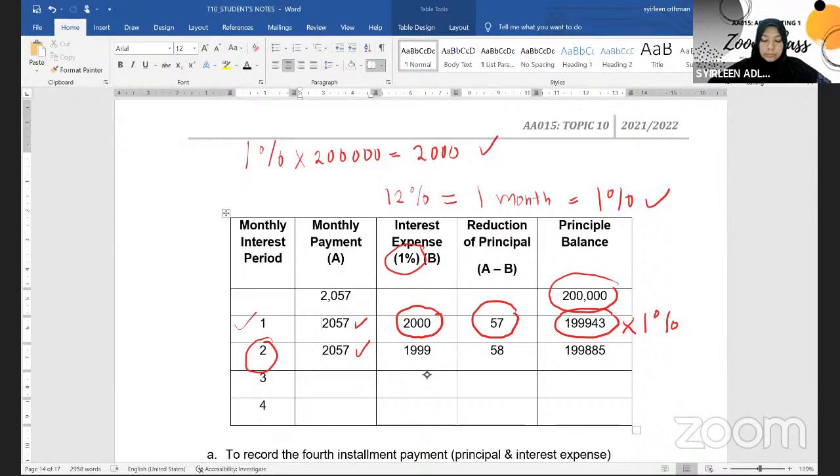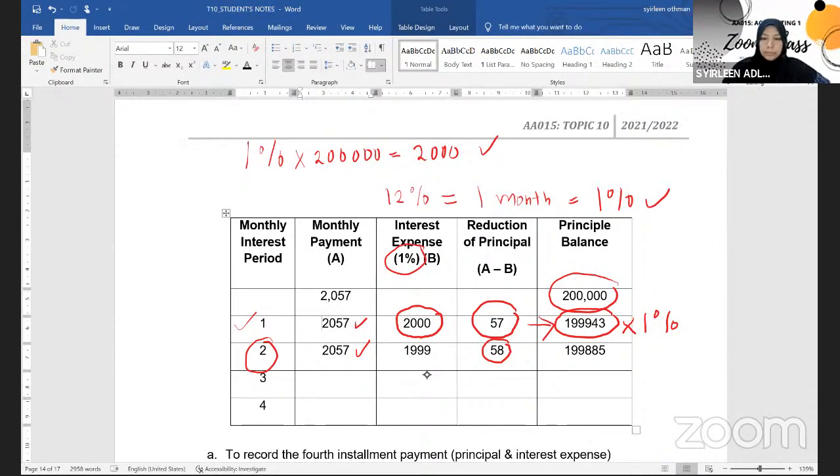Alright, so awak bayar RM2,057. Okay, and the interest is RM1,999. So that means balance dia kita ada RM58. So RM58 ni ialah principal yang you bayar untuk bulan kedua. Okay, so earlier you have here RM199,943. So kita dah bayar for the second month another RM58.